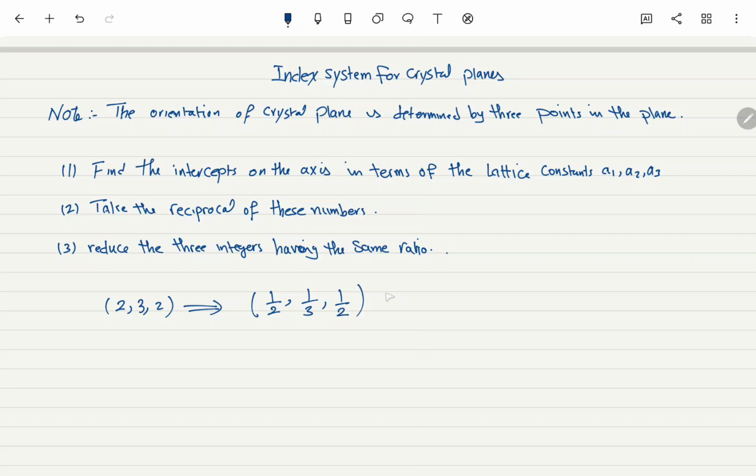Now find the least common multiple to make them integers. In this case, you multiply by 6. By multiplying by 6, you will get 3, 2, 3.